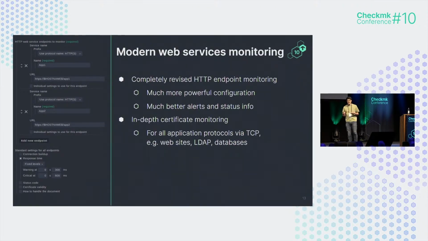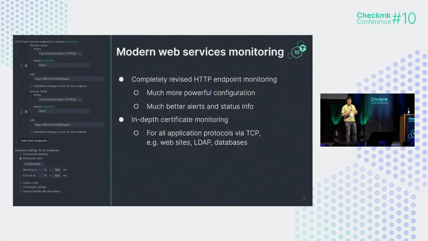We always had decent web services monitoring. We had TCP, DNS, FTP, SMTP, email checks, and we of course also had the HTTP check. And besides now the new HTTP check supporting all the latest technologies, the completely revised endpoint monitoring has a much more powerful configuration, much better alerts, and it also has much better visibility for the results with the status information.